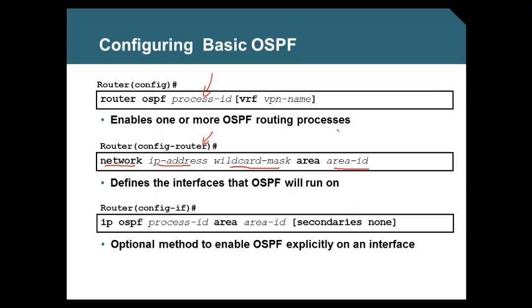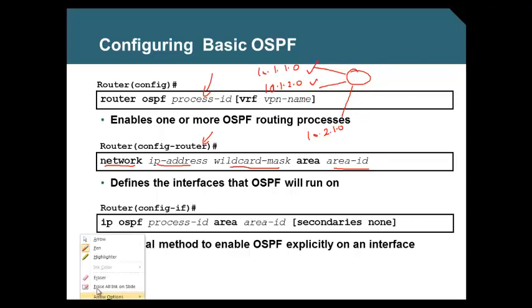For example, if you want to run OSPF on 10.1.1.0, 10.1.2.0, 10.2.1.0. Now if you wish to run OSPF only on these two, how do I need to configure? I want to run OSPF only on these two.